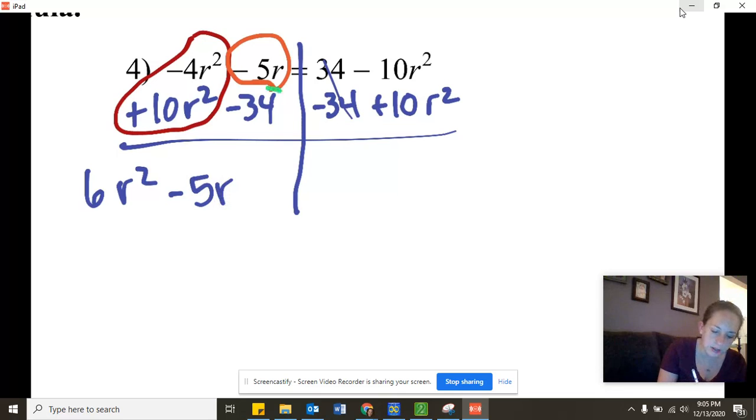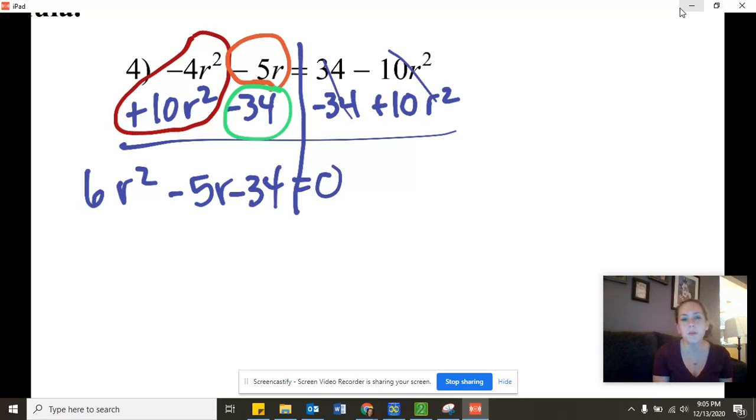And then this is the only number by itself, so I'm just going to bring that one down. Those both cancel out, so it equals 0. So now I can do the quadratic formula. Before, you cannot do the quadratic formula unless your equation equals 0.